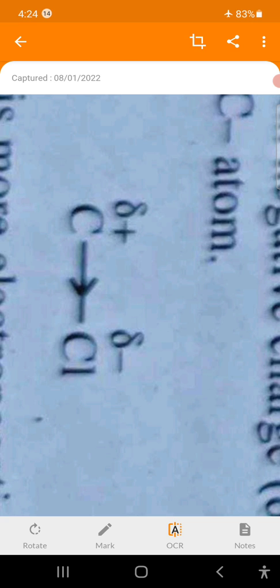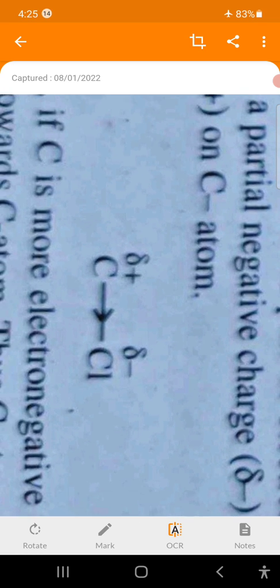Remember, this effect operates through sigma bonds only, through sigma electrons only. It is again of two types: plus I effect and minus I effect. Minus I effect means negative inductive effect, and plus I effect means donating inductive effect.